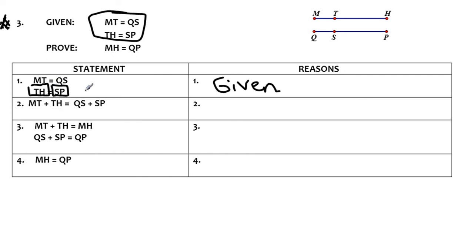And the addition property, so let's say that TH was 5 and SP was 5, says we can add the same thing to both sides of the equation. Even though the TH doesn't look to be the same as SP, it is, because we said up here that they were equal. So because we said they are the same thing, we are in fact adding the same thing to both sides of the equal sign.